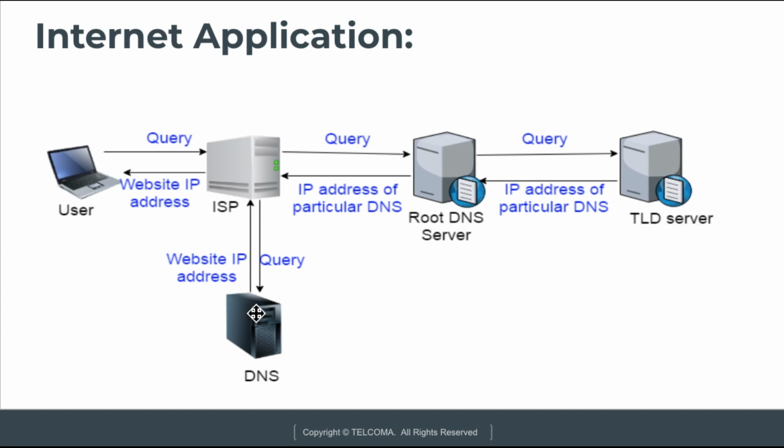It tells the IP address of the website. Now the recursive resolver sends the IP address of the website to the user, and the website will appear. Now the user can browse the website and retrieve the content using the IP address. In this way the query moves through different servers and gets the IP address of the particular website.